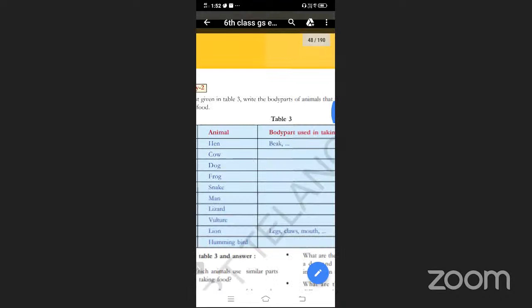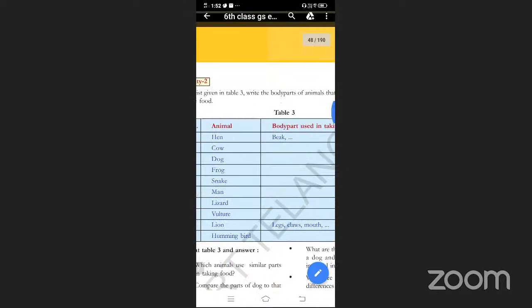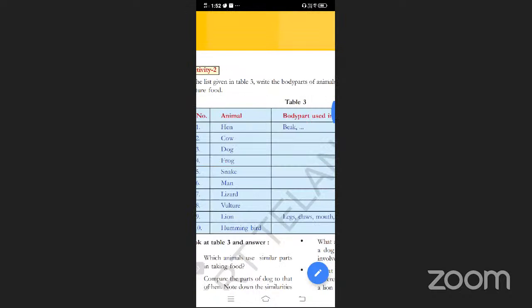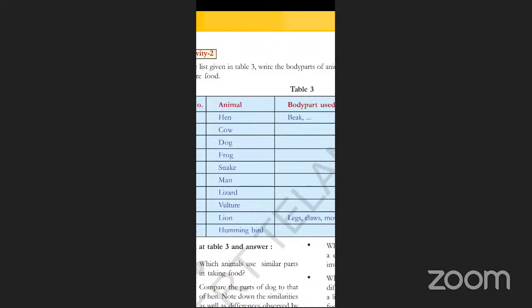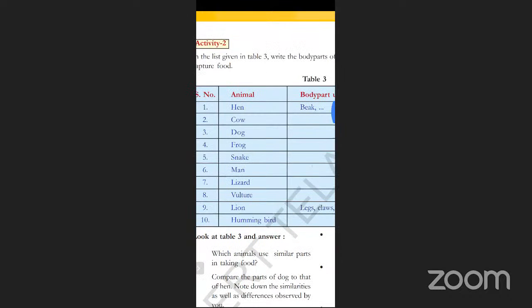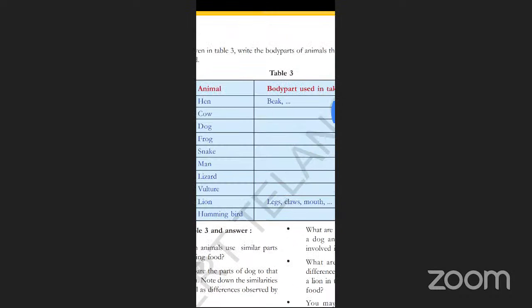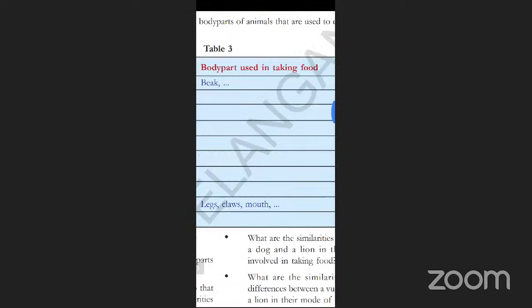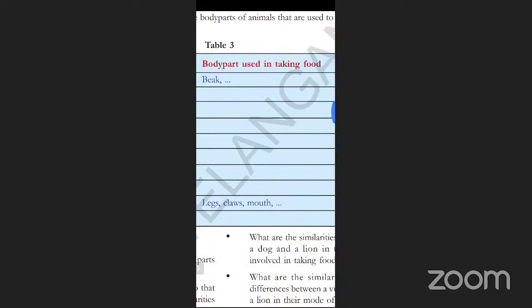Now write, children. Completed. Now write serial number, animal, then body parts. See, this format you have to write: body part used in taking food.